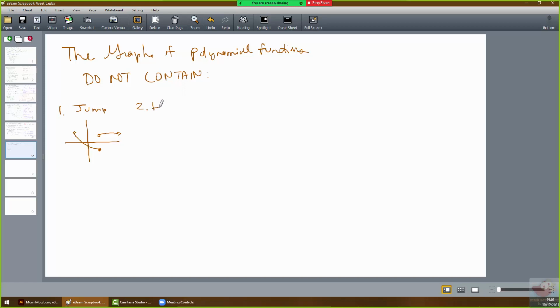The next thing it doesn't contain is a hole. A hole is a missing point. The third thing it doesn't contain is a gap. A gap is a bunch of x values that are missing.